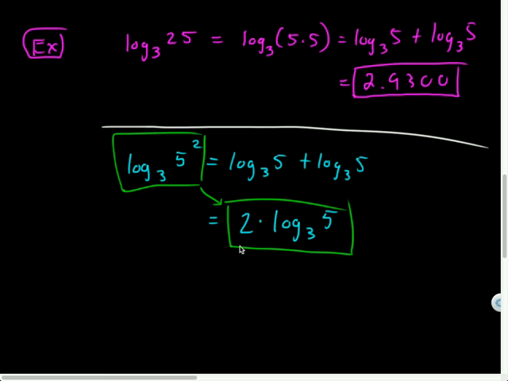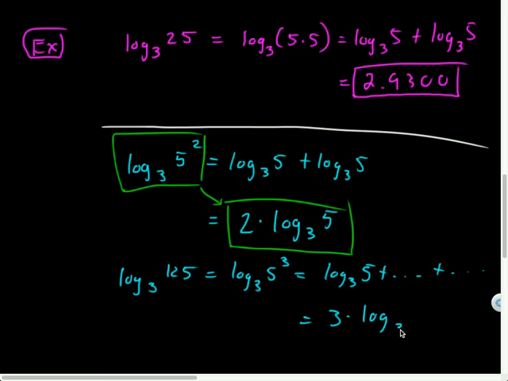Yeah, the exponent is now kind of the coefficient. Just to verify, what if I wanted to figure out log base 3 of 125? That's the same as log base 3 of 5 cubed, which would be log base 3 of 5 plus log base 3 of 5 plus log base 3 of 5. There'd be 3 of them, right? And that's the same as 3 times log base 3 of 5.